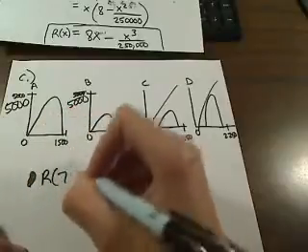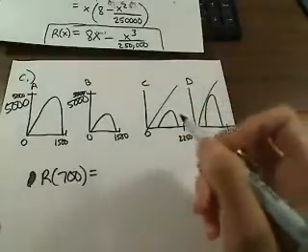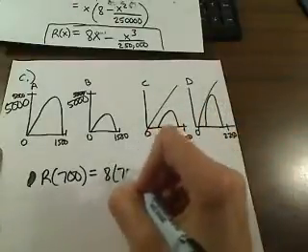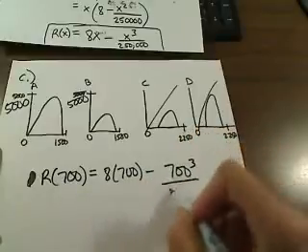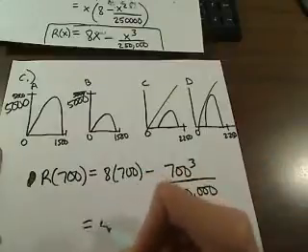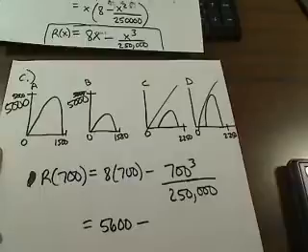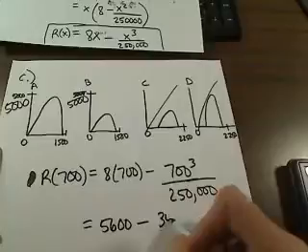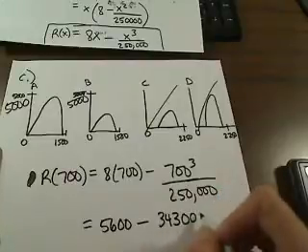So let's evaluate R of 700 and see where that puts us. If I plug that into my function, then I'm looking at this right here. This is 5,600 minus 700 cubed, which is a really big number.